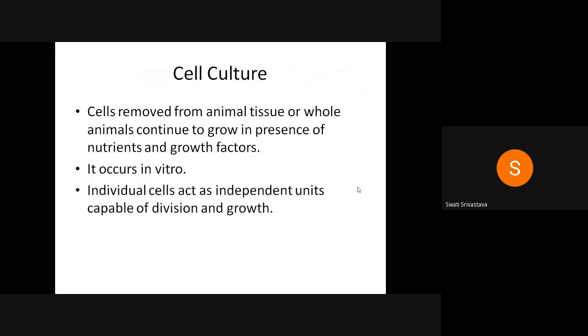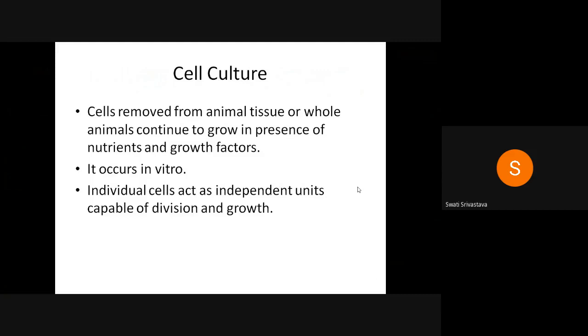Similarly, these cells also work as independent units, and they are capable of division and growth. So you are trying to grow these cells in the growth medium, or a nutrient rich medium outside the living system. So you're trying to culture the cells in vitro.